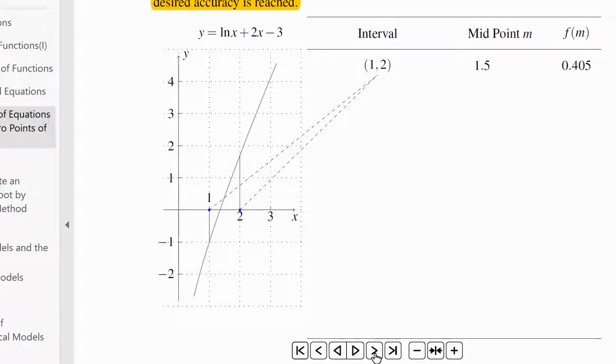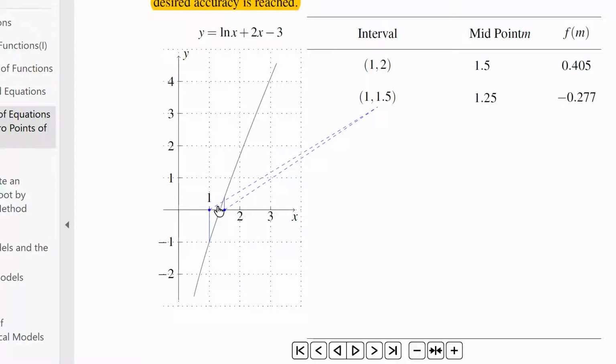So you keep working, then you have this point with this value 0.405 right here. Okay, so you've got to choose those two, one left, one right boundary. So then you have a left, right, and then you have another middle point.